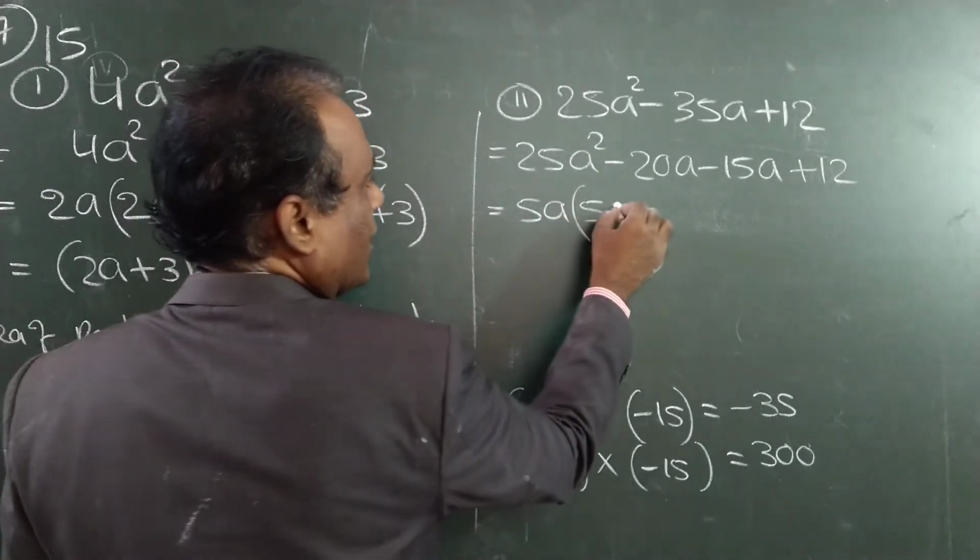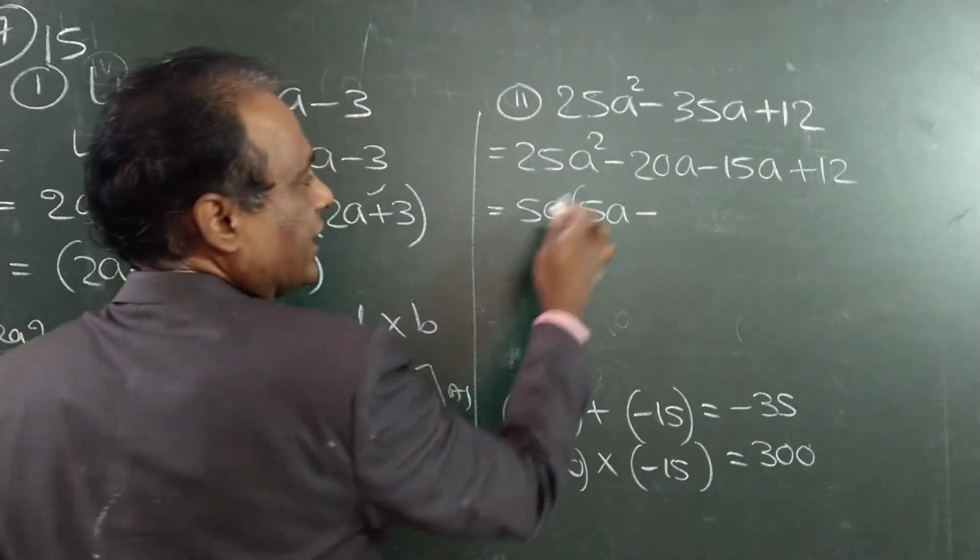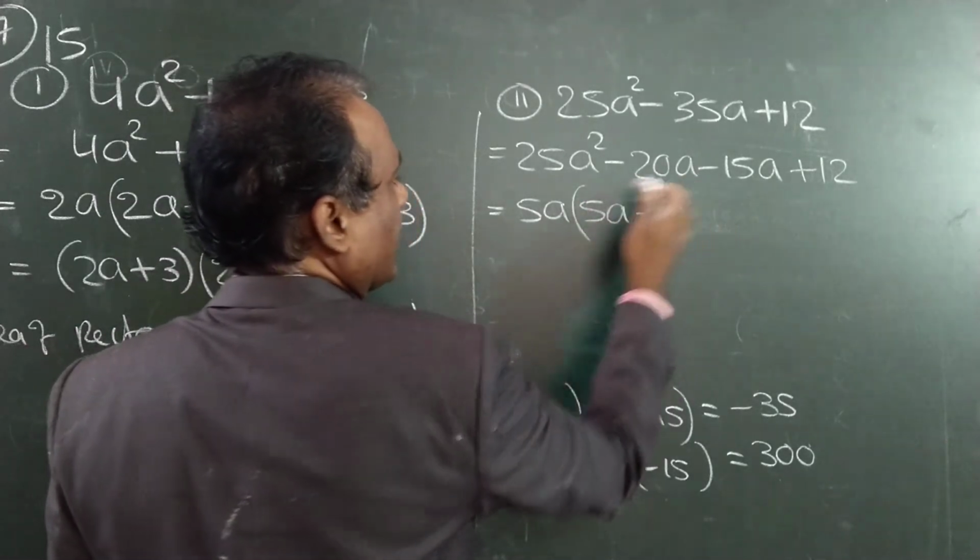A square, a common, another a remains. 20 is 5 into 4, so 4 remains, a common.